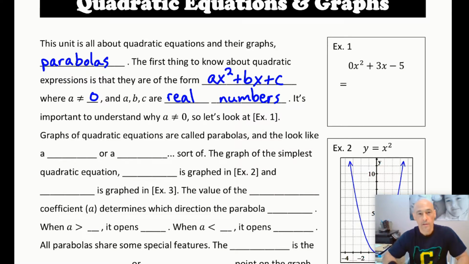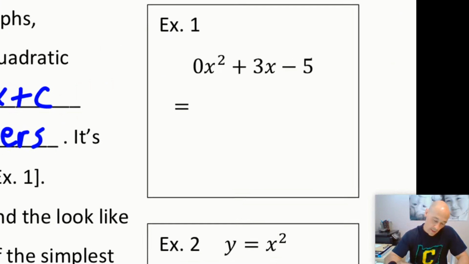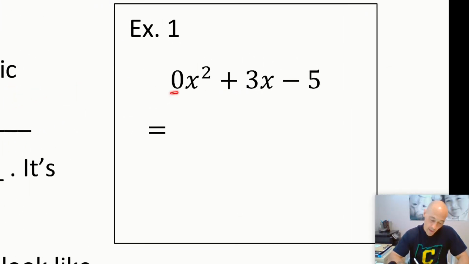It's important to understand why a cannot equal 0. So let's look at example 1. In our example here, we have a equal to 0, and we're multiplying 0 times x squared. Well, 0 times x squared is 0 because anything times 0 is 0.